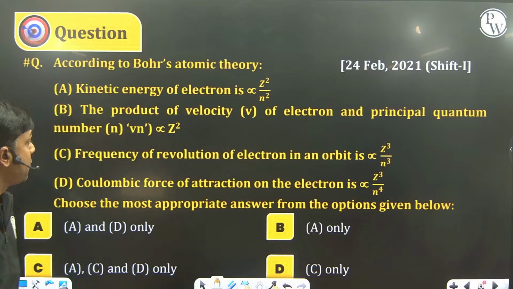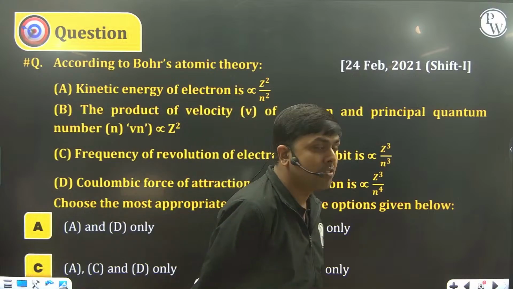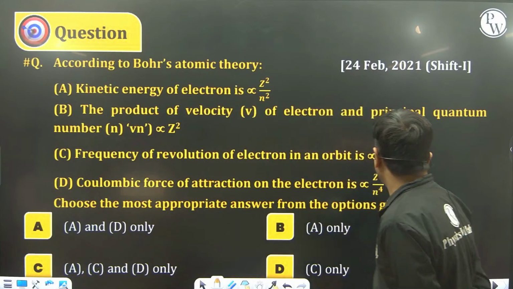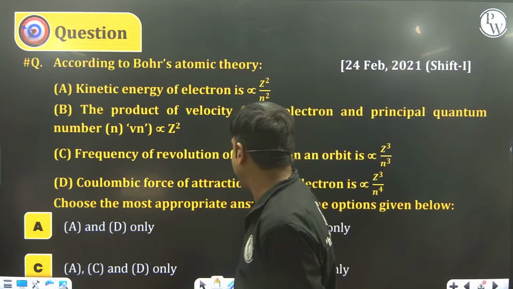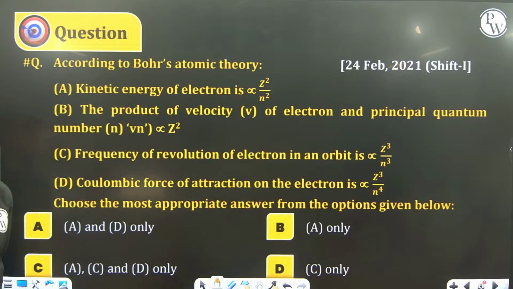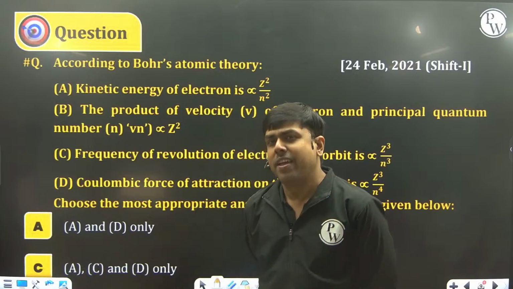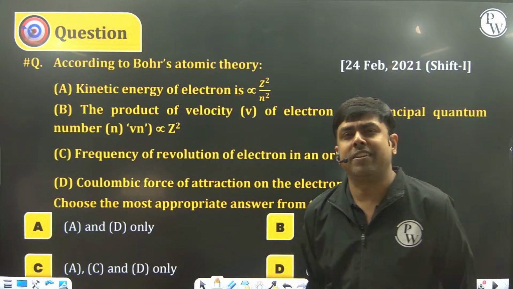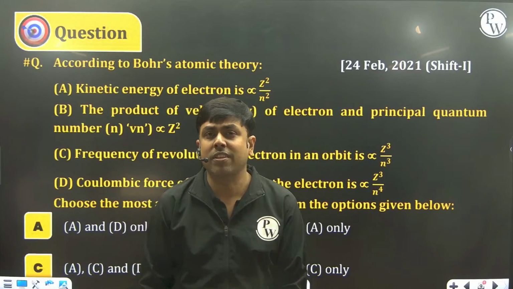Third one, frequency of revolution of electron in orbit is directly proportional to z cube upon n cube. And the fourth one is Coulombic force of attraction on the electron is directly proportional to z cube upon n power 4.